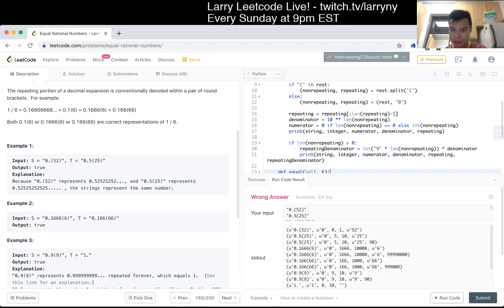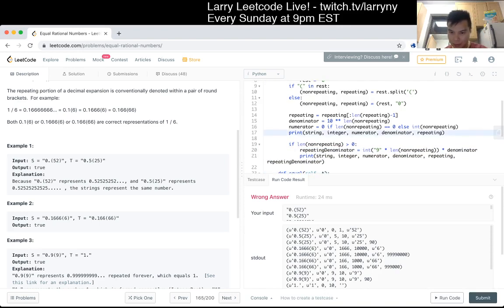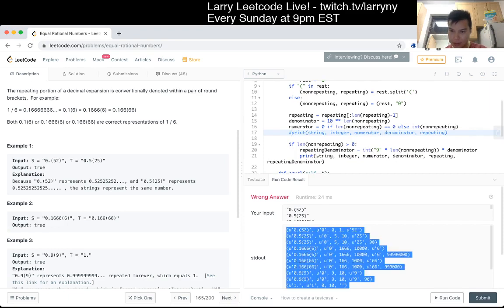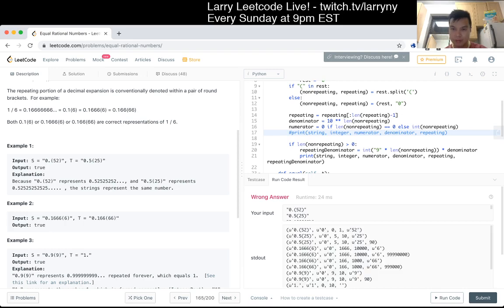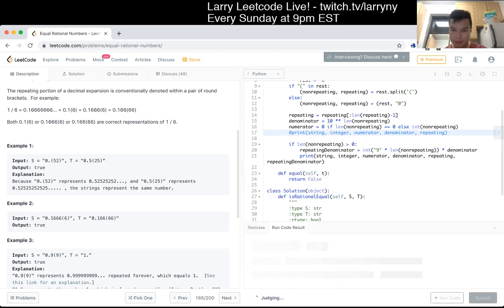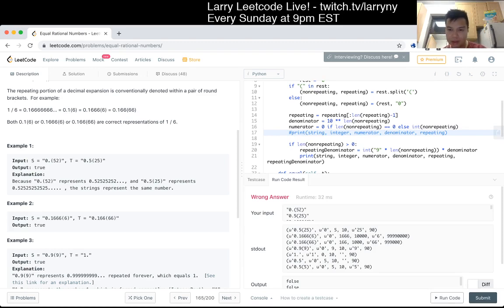I print too much stuff. This is not right. Okay. It should be 990. Why is it just 90? Okay. Also, skip this one, which is also sad. Let me print it out again.